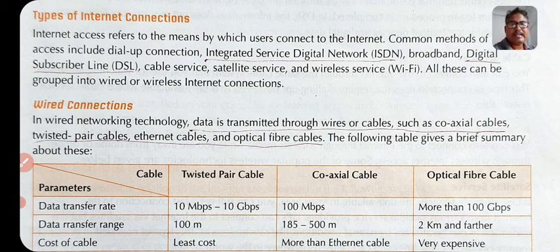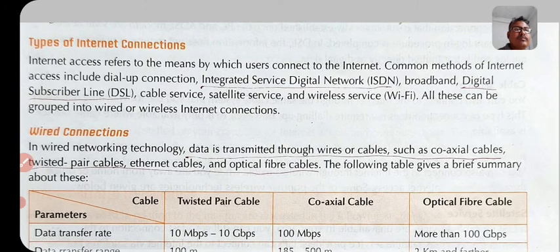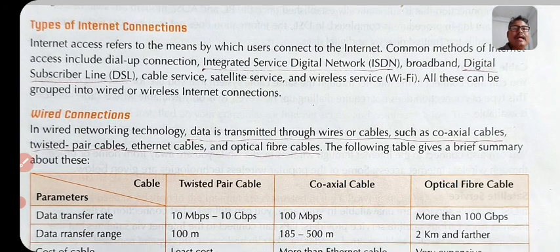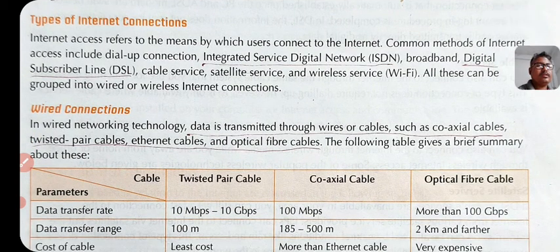So internet access refers to the means by which users connect to the internet. The common methods of internet access include dial-up connections, Integrated Services Digital Network (ISDN), broadband, digital subscriber line (DSL), cable service, satellite service, and wireless service, Wi-Fi.